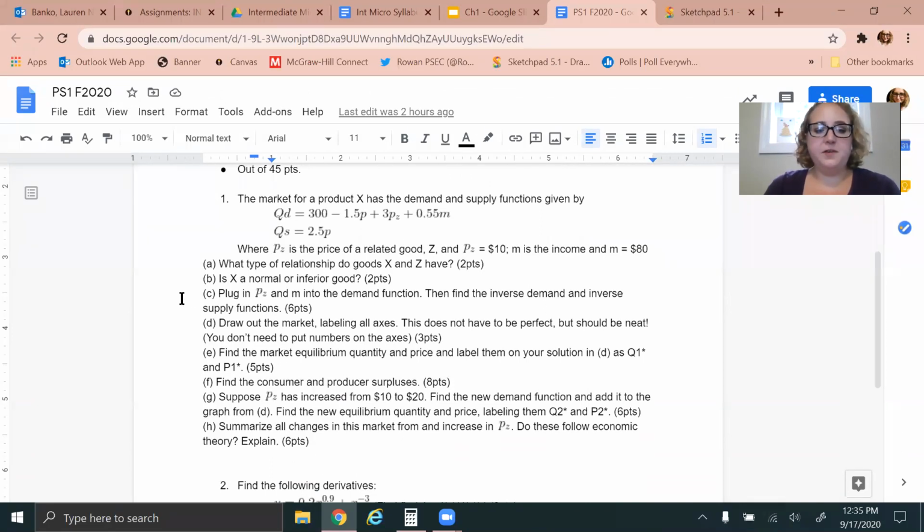I will have you draw out the market, the graph. This drawing does not have to be nice and perfect or anything like that. Just a sketch, really. Put some of the important things like equilibrium, the intercepts, label supply and demand, and that'll be fine. You don't have to put numbers on it or anything like that.